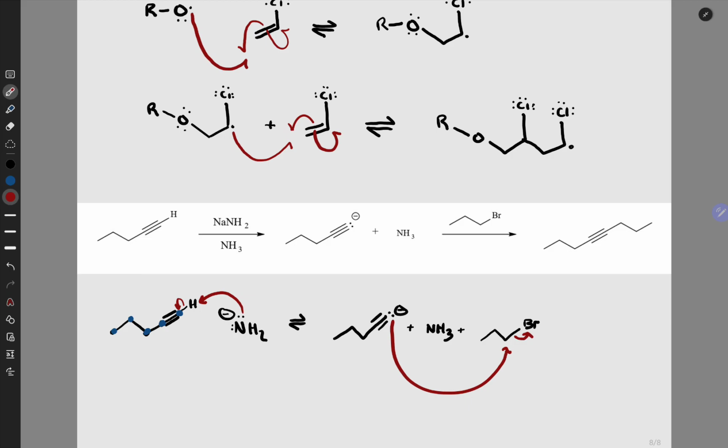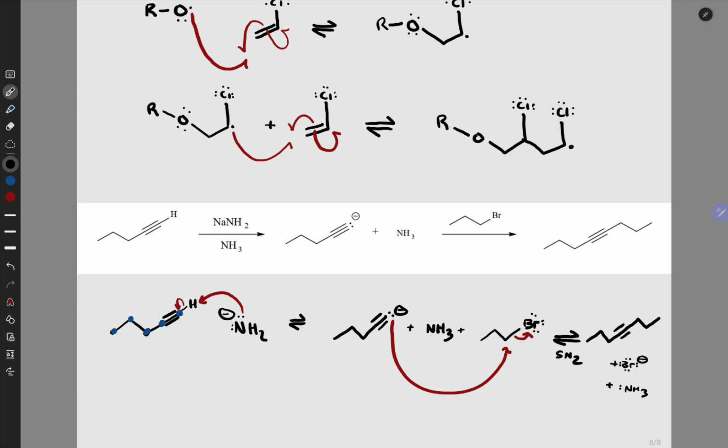Backside attack there, and push off the bromine. And through an SN2 reaction, we're going to get our original alkyne, now with those 3 extra carbons on it. We'll get a bromide ion, and we'll get NH3.